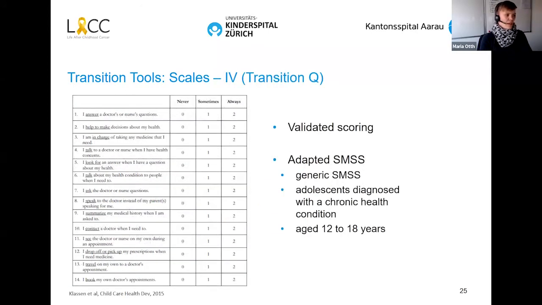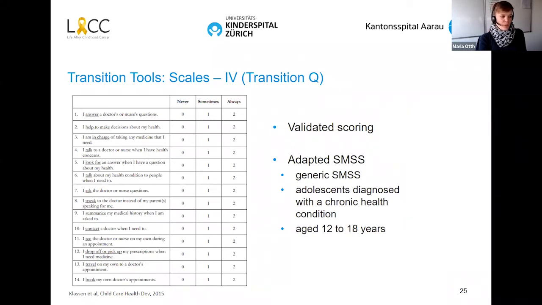These three scales combined, with an adapted self-management skill scale, form the so-called Transition Queue, which also focuses on self-management. The three scales I've shown you before are specifically for childhood cancer survivors. This one is a more general one, also for adolescents with other chronic diseases, and it can be used from the age of 12 onwards.